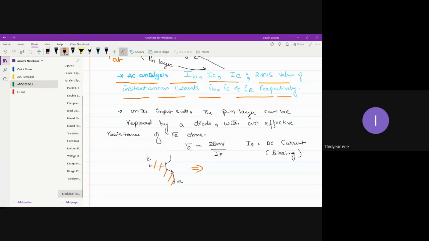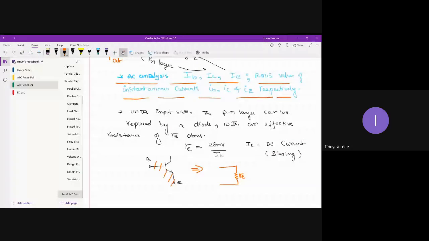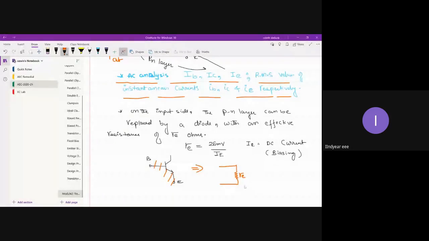I will replace the transistor symbol found between base and emitter with a resistance RE. That is how I construct the equivalent circuit for the input circuit.